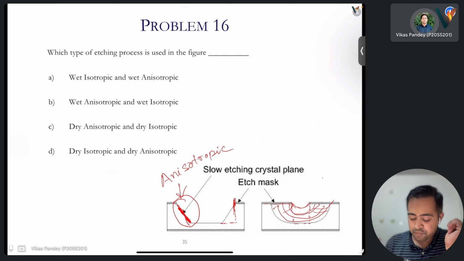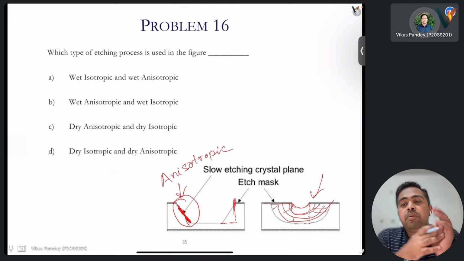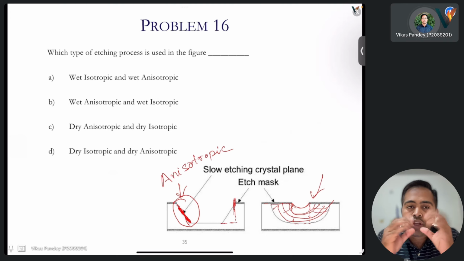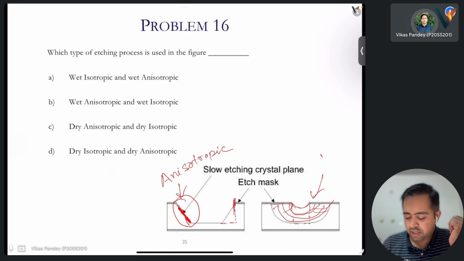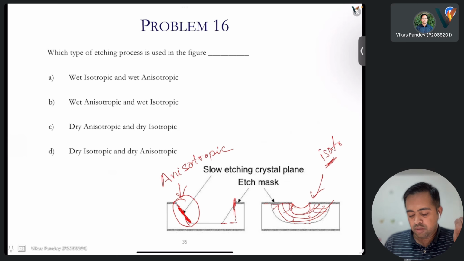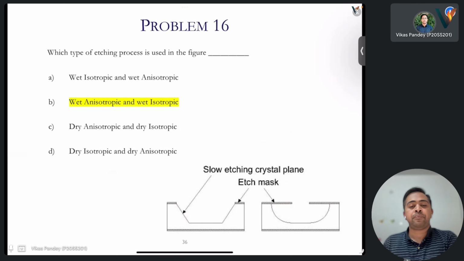But in this case, since it is equal in all the directions, it is not depending on the plane or any other factor, it is just going equally in all directions, so it should be isotropic. Always remember, iso means equal or uniform. So B should be the correct answer.